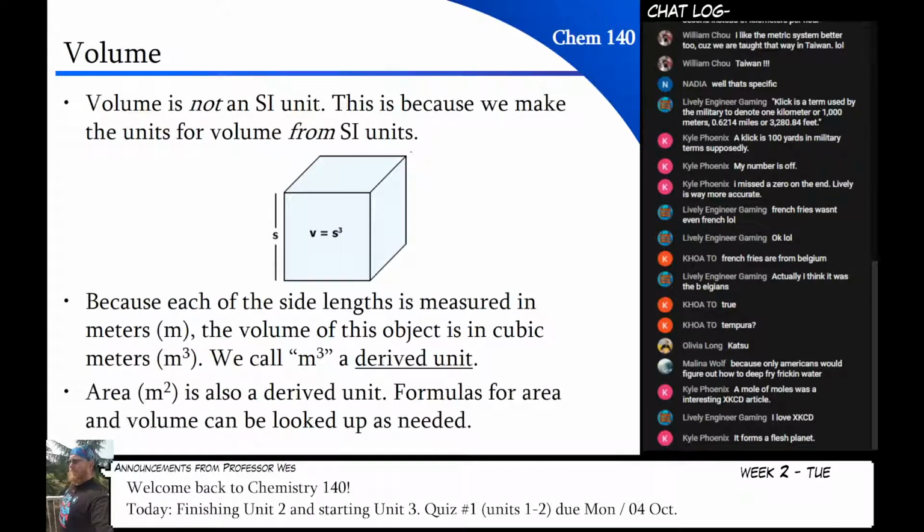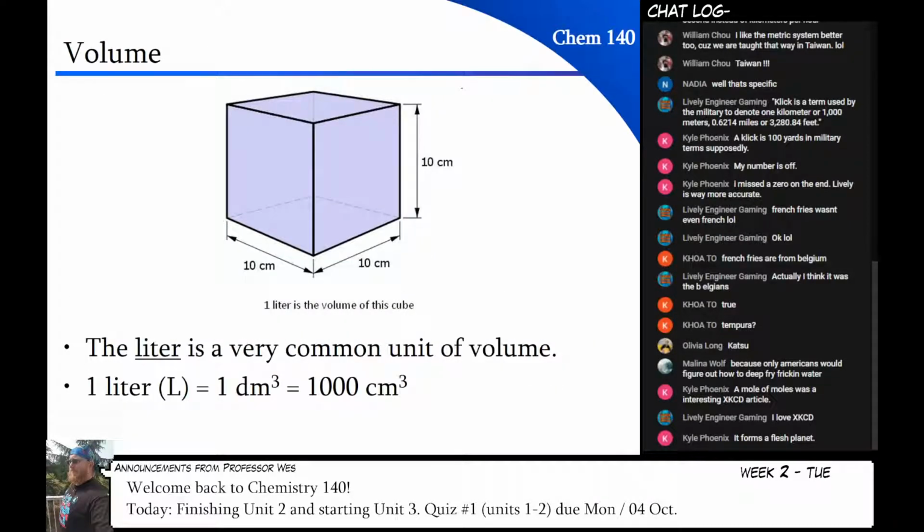I don't really care about these slides except for this right here. Volume is just the space that something takes up. It's called a derived unit because we derive it from one-dimensional units. So I'm taking 3 lengths here and multiplying them together to get a volume. Really, all we care about for volume is the liter.